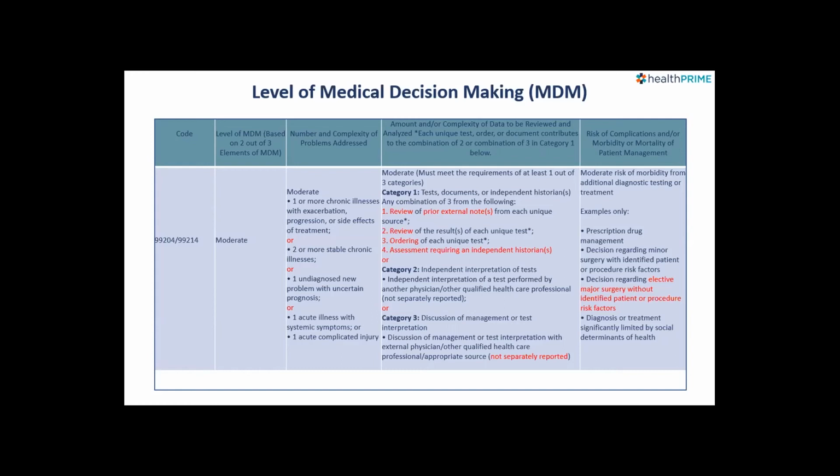The second category, which is a new addition, says independent interpretation of the test results which was performed by another physician or other qualified healthcare professional. And the third category says discussion of the management or test interpretation with external physician.